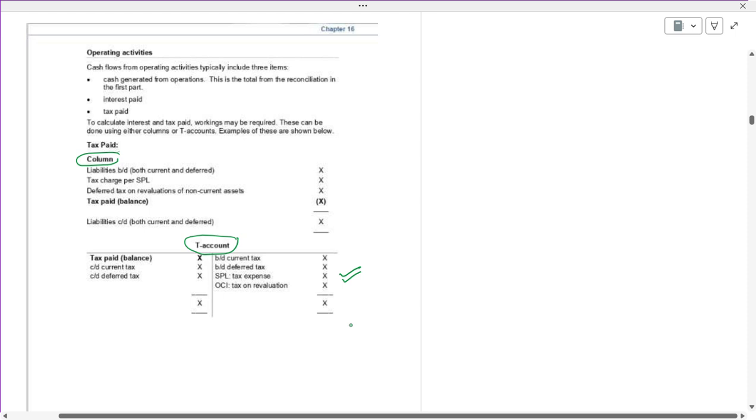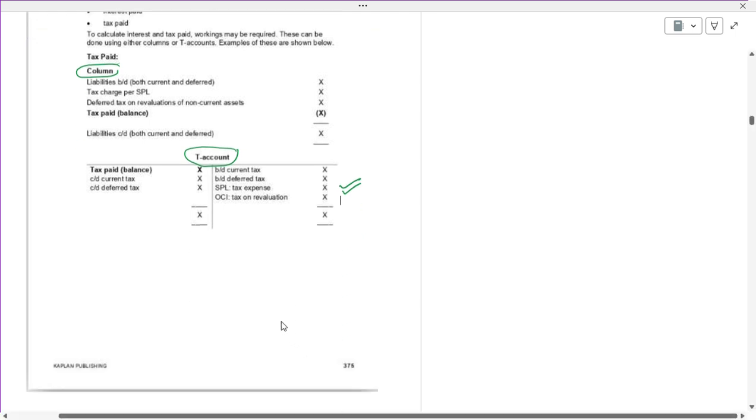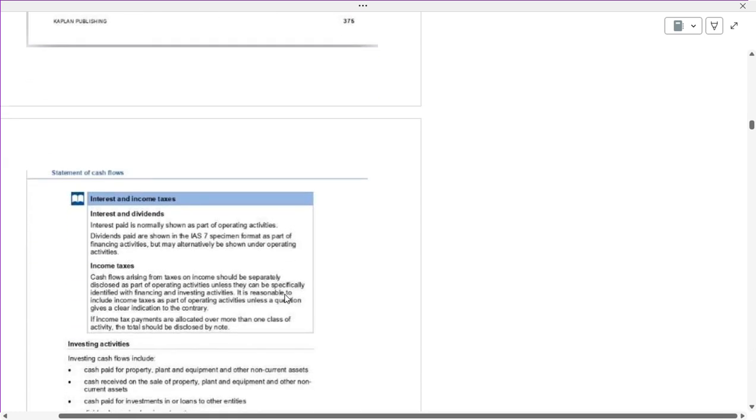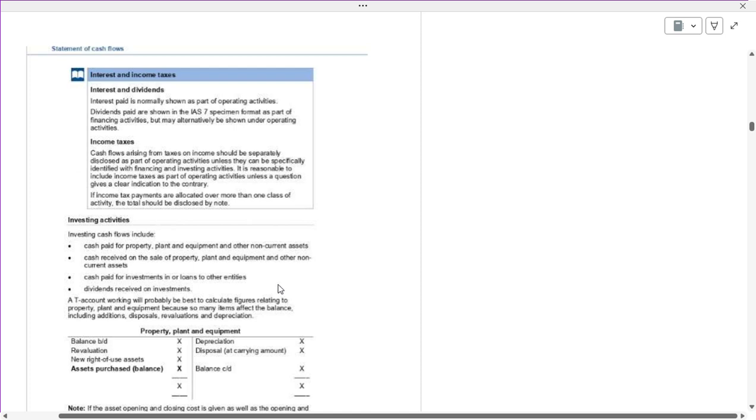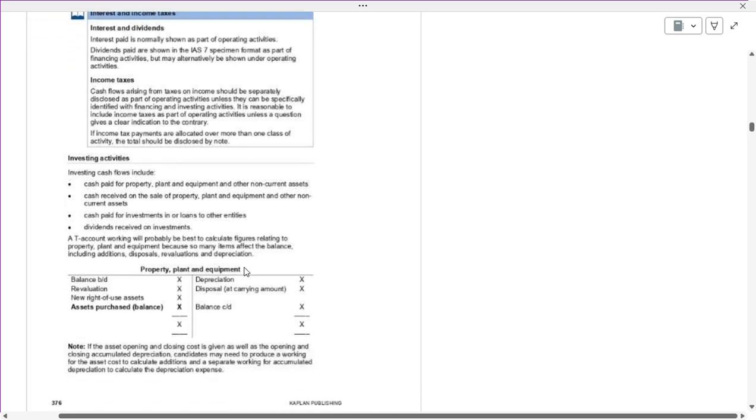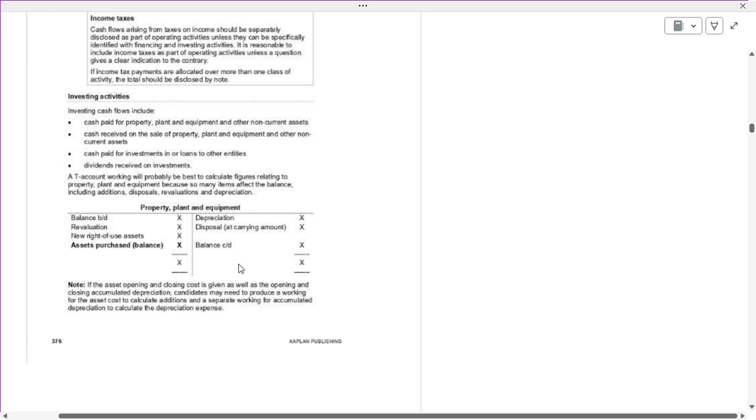Most of the time we will do it in a T account. They are talking about interest, dividends, income tax, property. This is the opening balance, this is the closing balance, and we will post accordingly whatever is happening.